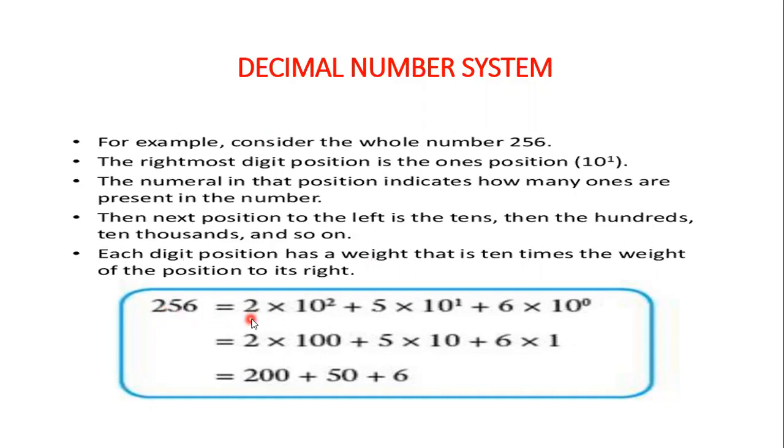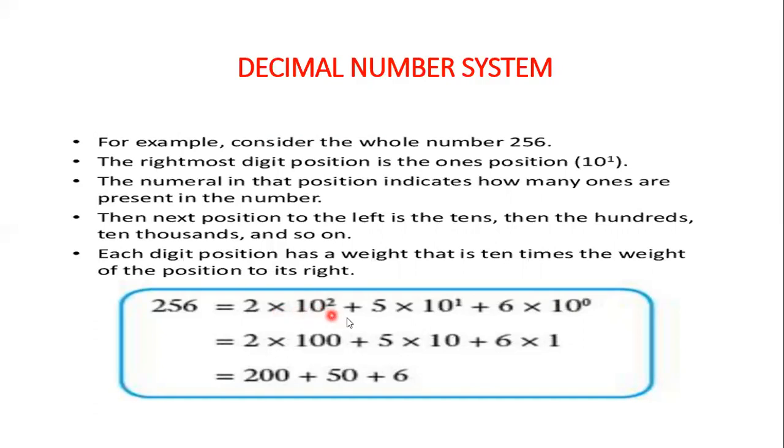This number can be written as 200 plus 50 plus 6. Again, the 200 can be 2 into 100, and 50 is 5 into 10, and 6 is written as 6 into 1. Then again, this 100 can be written as 10 power 2.